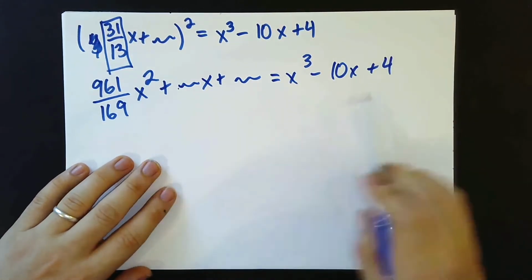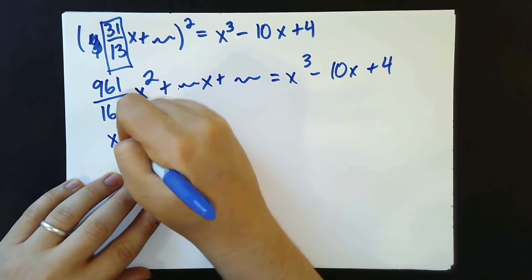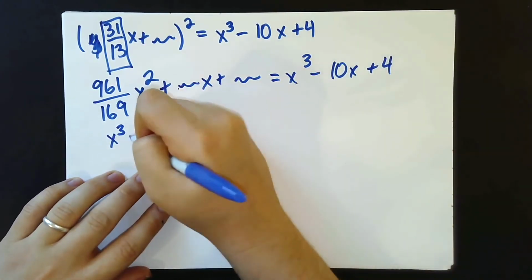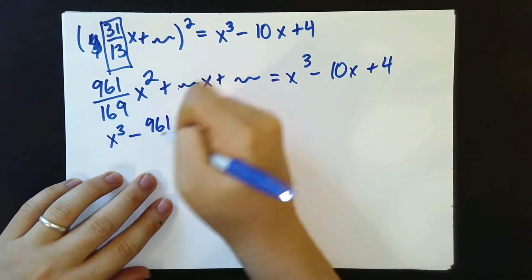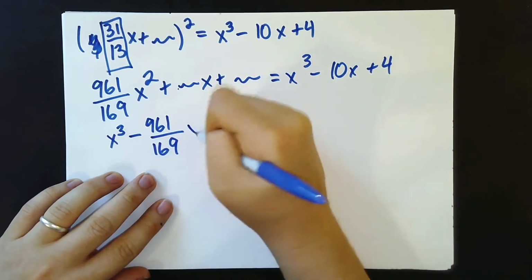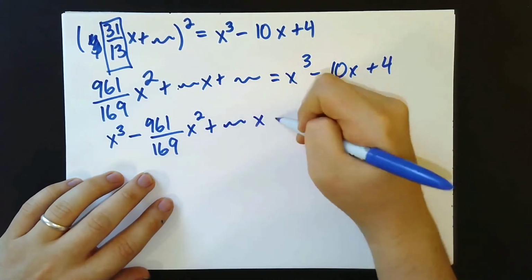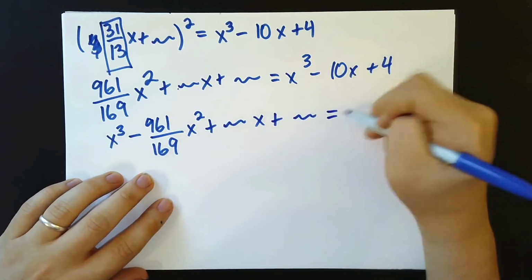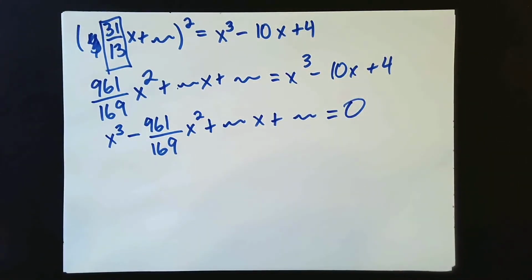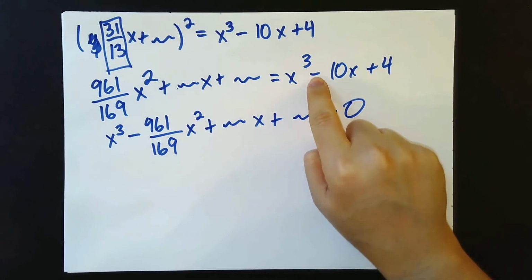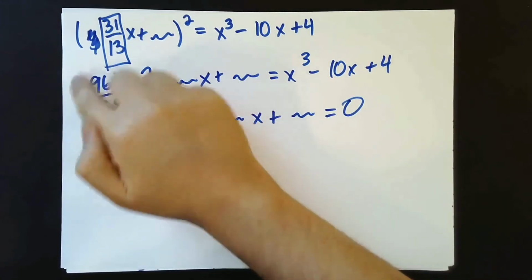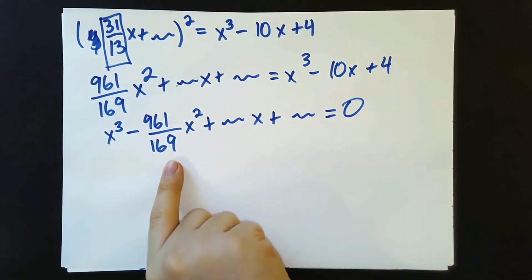And I'm going to move all of this over here. And so I will get x cubed minus 961 over 169 x squared plus, and then again, some x term, some constant term equals 0. Note there was no x squared term over here before, so this is the entire x squared term.